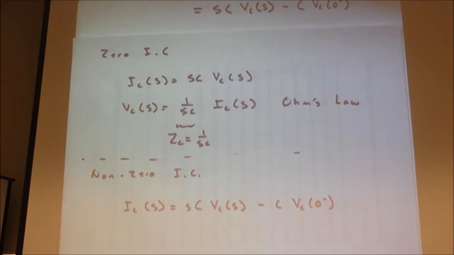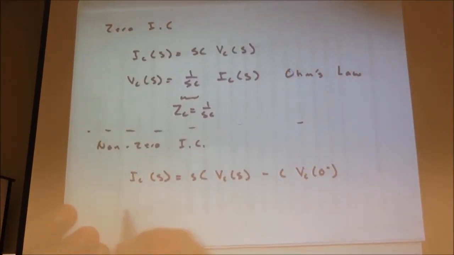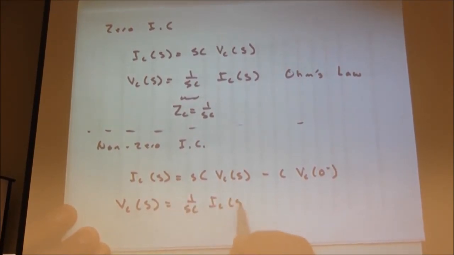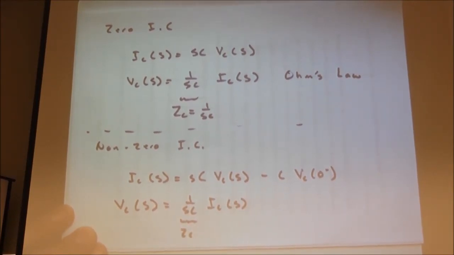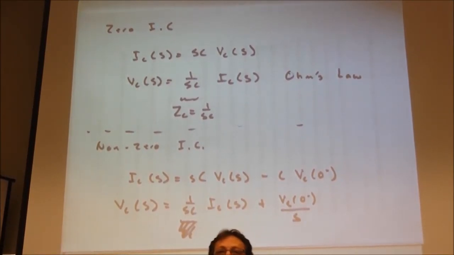And if I rearrange things a little bit, I can rewrite this as VC of S equals 1 over SC IC of S, and we now recognize that's our ZC. We've seen that a couple times already. Plus VC 0 minus over S. I was just doing a little bit of algebra rearranging, no problem.